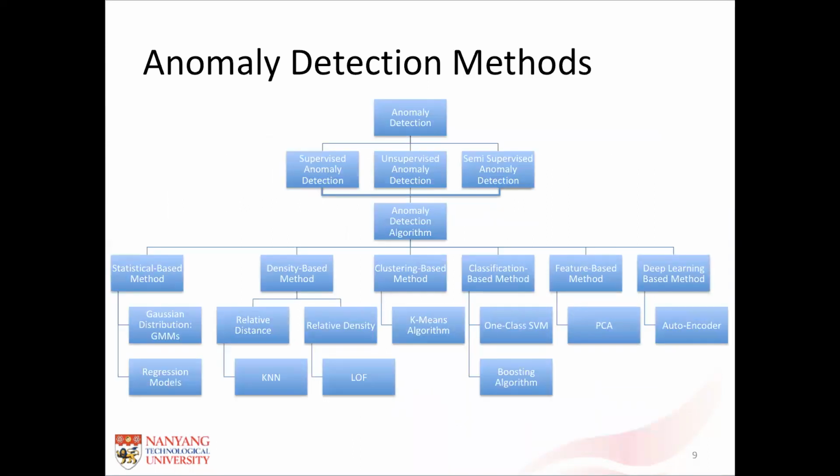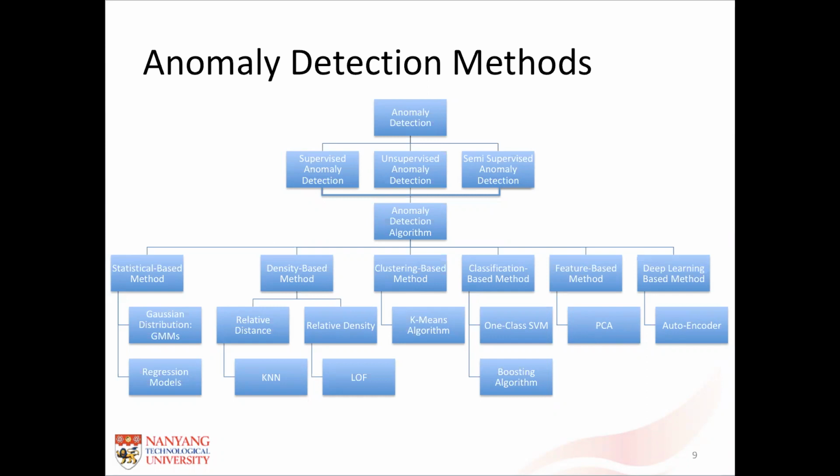Then we have a review of anomaly detection methods. Anomaly detection can be supervised, unsupervised, or semi-supervised, depending on the labels of the dataset.